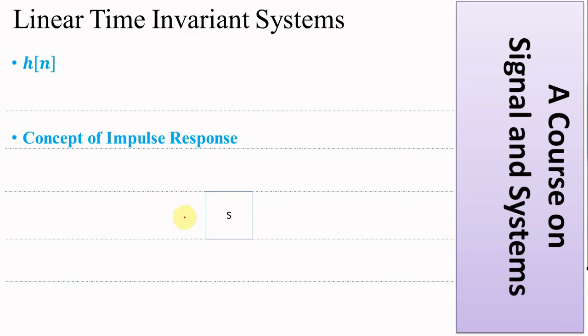Then if at the input we apply x(n), since it's a discrete time input, which is equal to delta of n, and I measure the output, then this output is written as h of n, which is called the impulse response of the system.